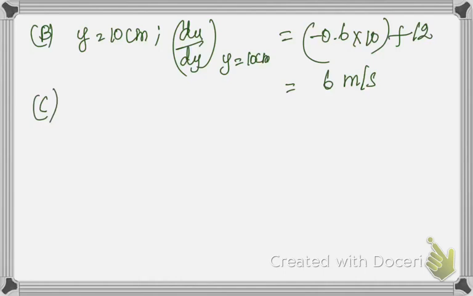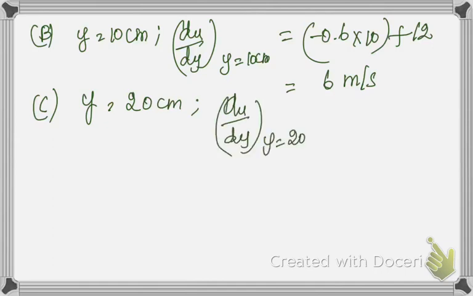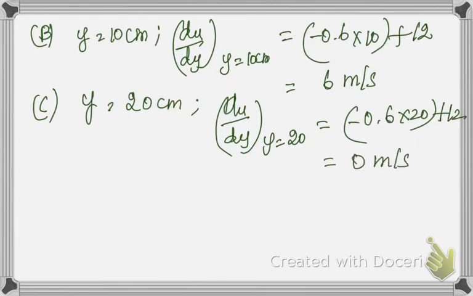Next C part, y is equal to 20 centimeter, du by dy at y is equal to 20, which is minus 0.6 into 20 plus 12, which is equal to 0 meter per second. So I have calculated all the velocity gradients.